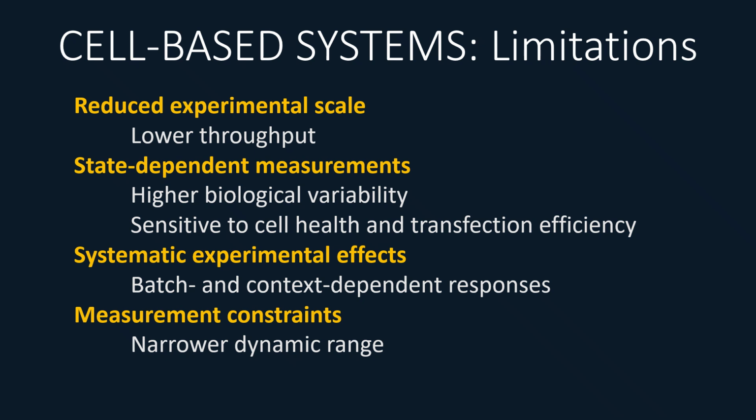Because of all this, measured labels depend not only on the RNA sequence but also on the experimental environment. Measurement dynamic range is also narrower. All these factors make cellular measurements more biologically meaningful, but also more complex, and interpreting and modeling is also a bit hard.